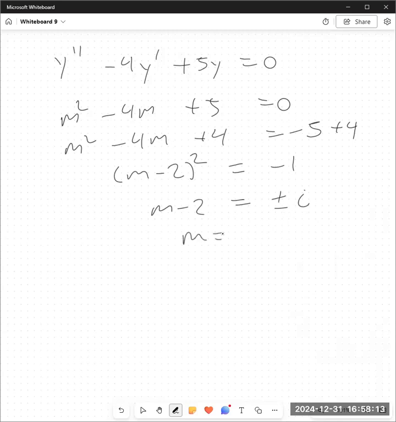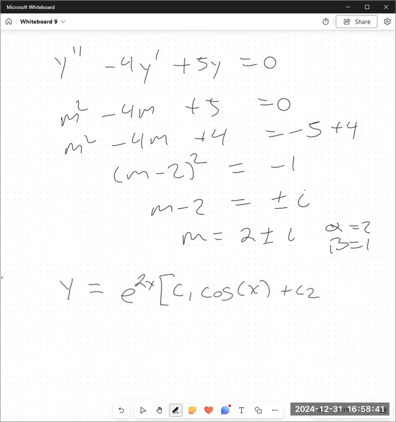And m is equal to 2 plus or minus i, where my alpha is equal to 2 and my beta is equal to 1. So that makes y equal to e to the 2x times c1 cosine of x plus c2 sine of x.